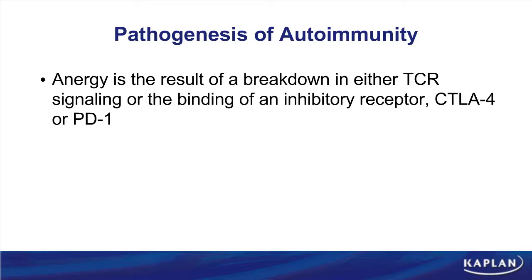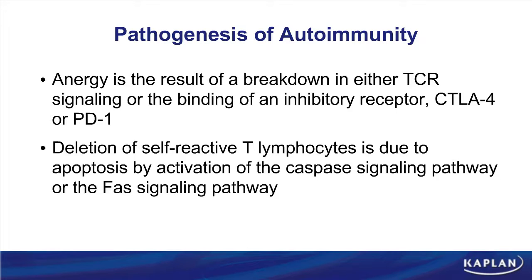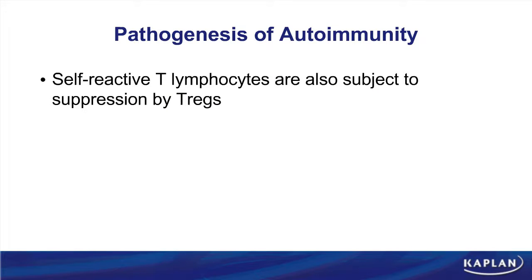So, deletion of these self-reactive T cells is due to apoptosis, usually by activation, and you guys know this already, of the caspase signaling pathway or Fas signaling pathway. And as we mentioned earlier, we don't want to forget about the regulatory T cells. So T cells can also be suppressed by these regulatory T cells, okay?